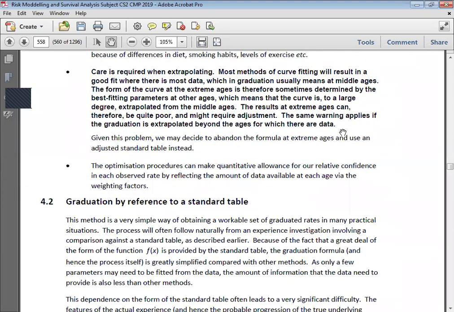But again, even though you get a very good fit for the data with the formula that you have, when you try to extrapolate, that is, when I want to forecast something in the future on the basis of what I have observed in the past, I have to be extra careful if I'm using a formula.